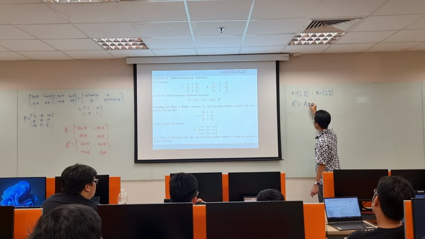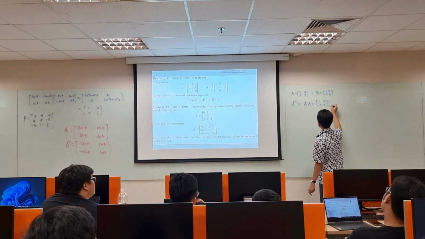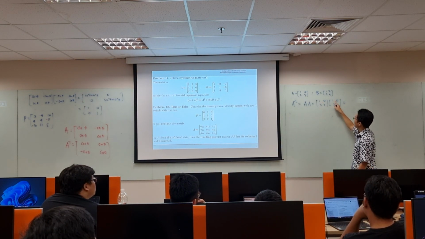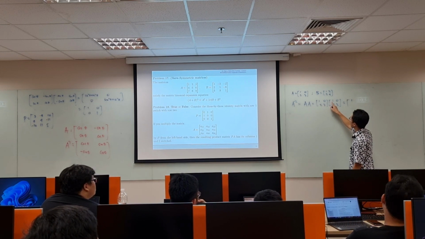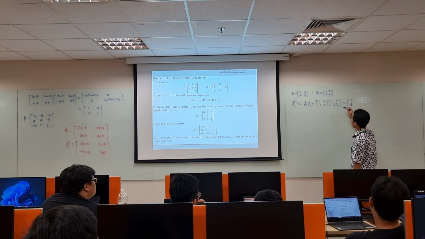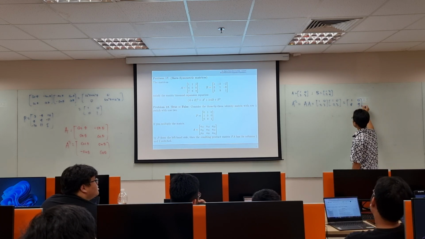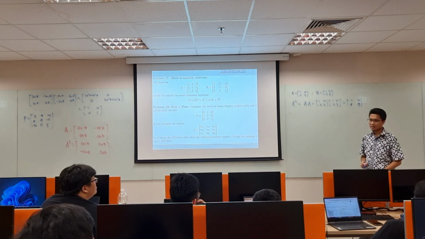This is A times A, which is 1, 0, 2, 3 times 1, 0, 2, 3. So 1, 0, 2, 6, this is 8, 0, 0 also here, 0 and then 9. So that is the A square.